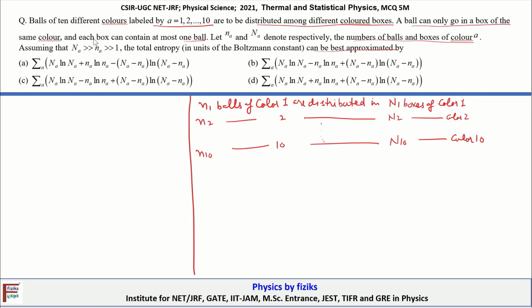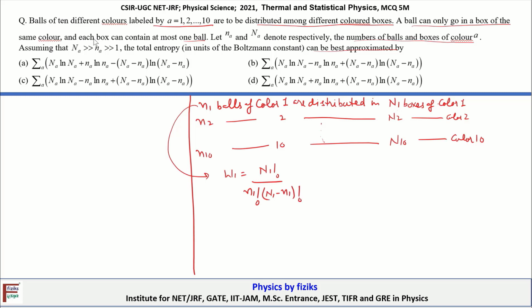Now let's continue with the first case. In the first case we have N1 boxes, and out of N1 boxes we have to pick small n1 boxes where we can place the n1 balls. The number of ways we can distribute small n1 balls among capital N1 boxes, let me call this W1, is equal to N1 factorial divided by n1 factorial into (N1 minus n1) factorial.